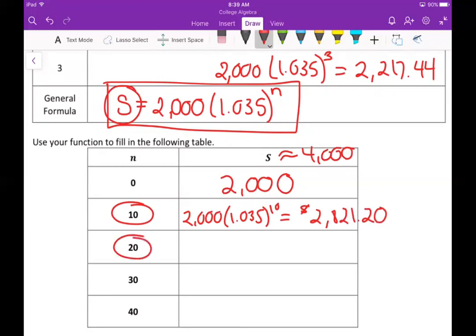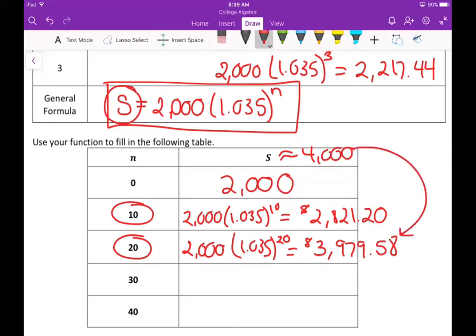So I'm going to jump up another 10. Okay, we need to go pretty far. But we know this growth happens fast, so we don't want to jump too far too fast. Okay, so we'll take that now in our calculator to the 20th power. And then we'll see that that gets to be $3,979.58, and that's pretty close to 4,000 there.